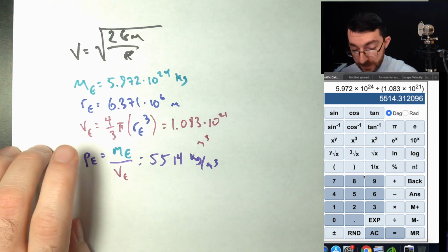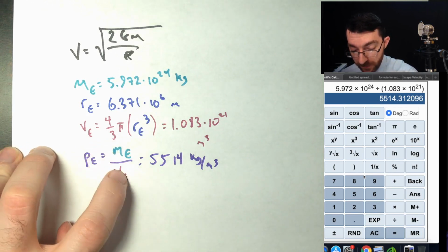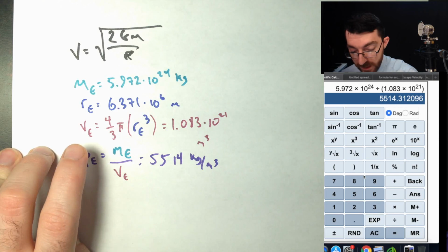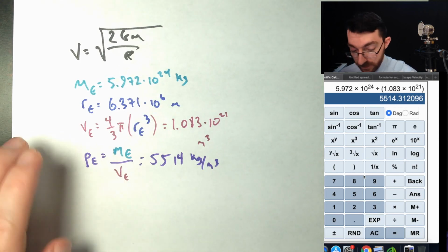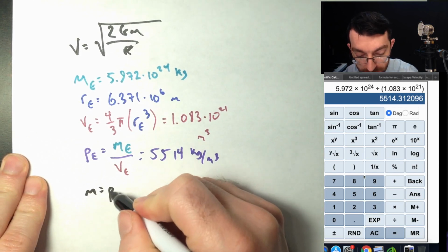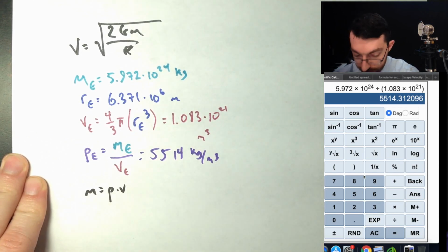If density is equal to mass over volume, then the mass is going to equal the density times the volume. That is, mass is equal to density times volume.